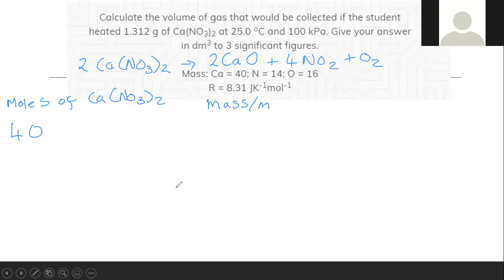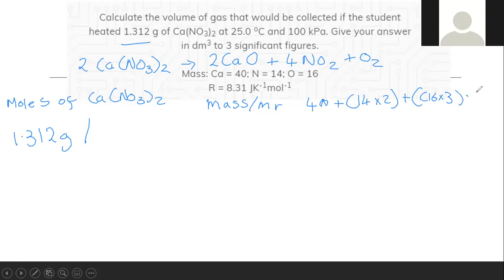So our mass is 1.312 grams, and we're going to divide that by our MR. I'm going to calculate our MR over here quickly so you can see where I'm coming from. We've got 40, and we're going to add that to 14 times 2 because we've got 2 lots of nitrogen, and we're going to add that to 16 times 3 times 2 because we've got 3 lots of oxygen, 2 times.